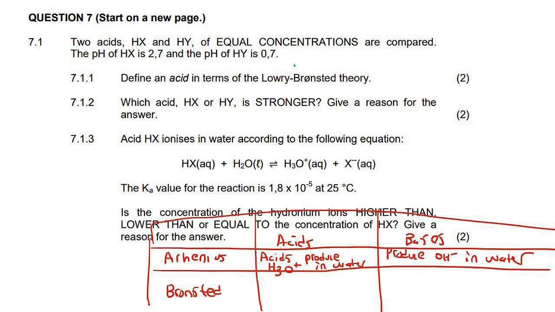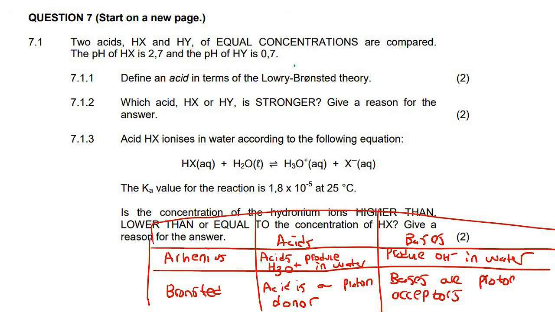Bronsted comes along and his definitions are a little bit better, because not everything in life is in water. Bronsted says that an acid is a proton donor, and bases are proton acceptors. So that's the basic definitions.